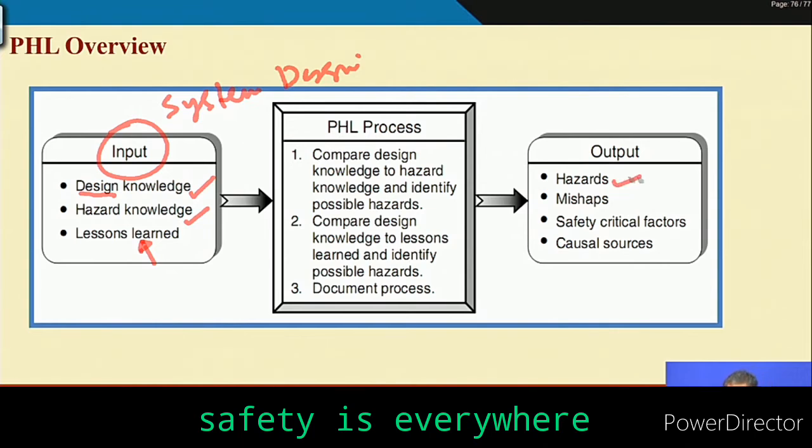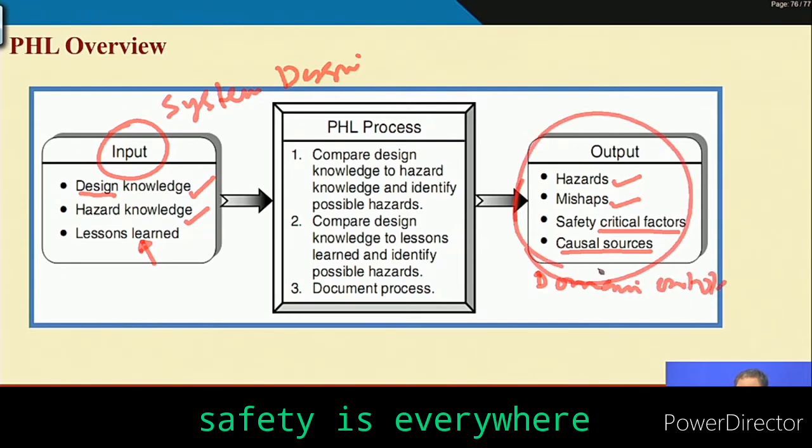The output will be hazards, mishaps, meaning accidents, the safety critical factors, and causal sources. In other words, this will give you the safety domain ontology. I am sure that from hazard identification, target and threat, you will be able to prepare the domain ontology. That is my output.